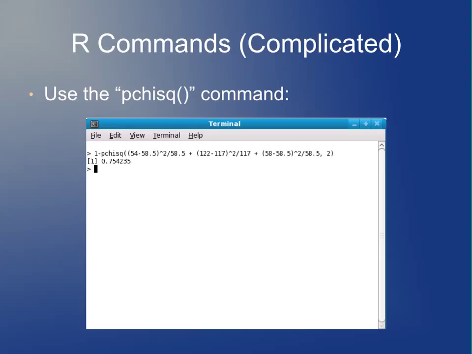You can see there I typed the code that you use to compute the chi-square statistic, then I say comma 2 because it has 2 degrees of freedom, and then I subtract that from 1 because I want the area at the top of the tail, not the bottom of the tail.